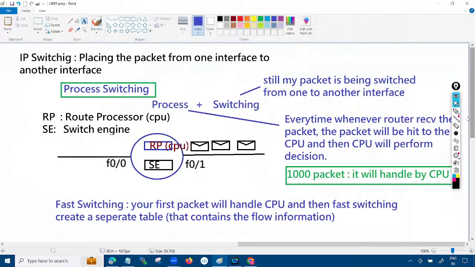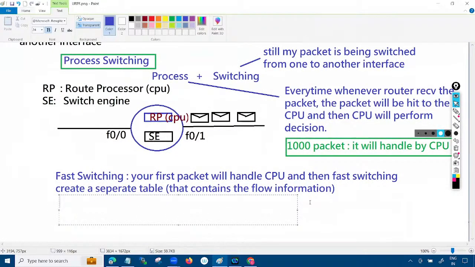The next 999 packets will be handled by the switch engine only. So the main CPU lookup is only going to happen one time. The 999 packets will go with the flow.